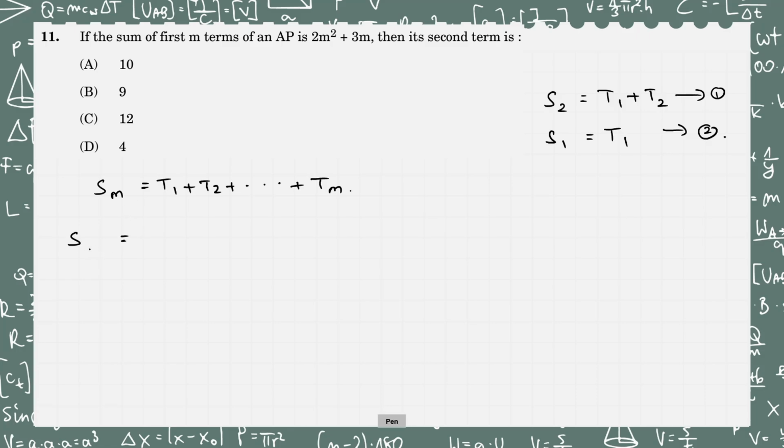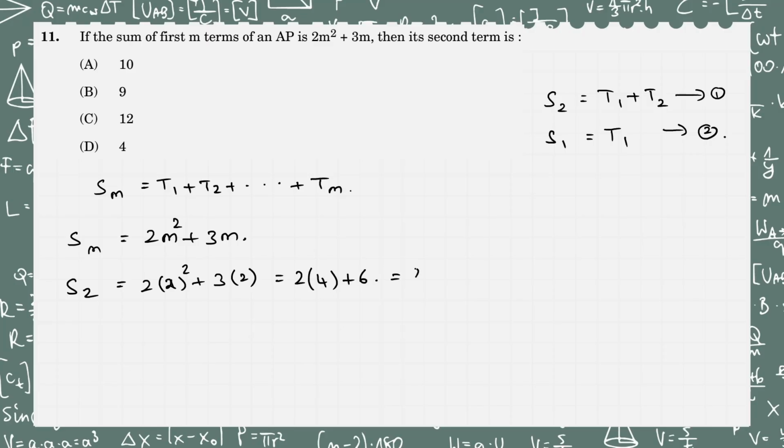Let us take the general equation given Sm equal to 2m square plus 3m. So S2 will be 2 times 2 square plus 3 into 2, which is 2 into 4 is 8, 3 into 2 is 6, 8 plus 6 is 14, and S1 will be 2 into 1 square plus 3 into 1, which is 2 plus 3, 5.